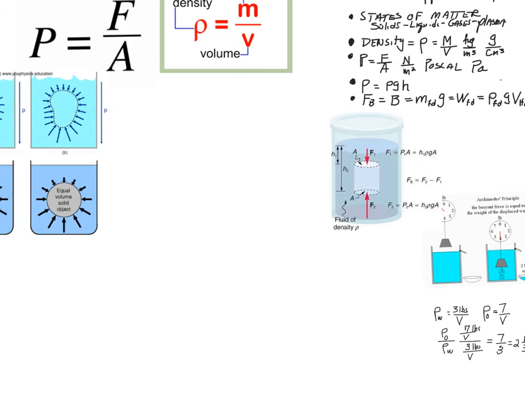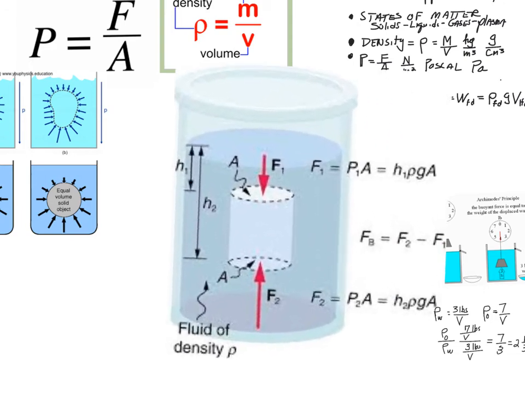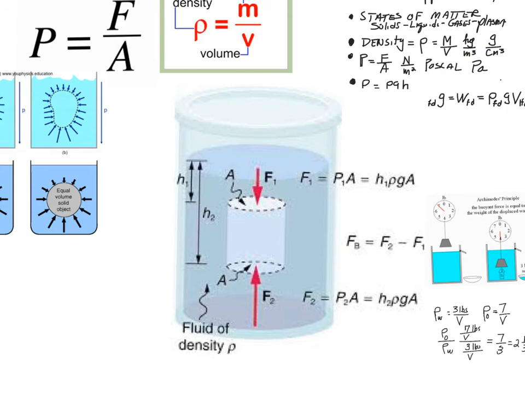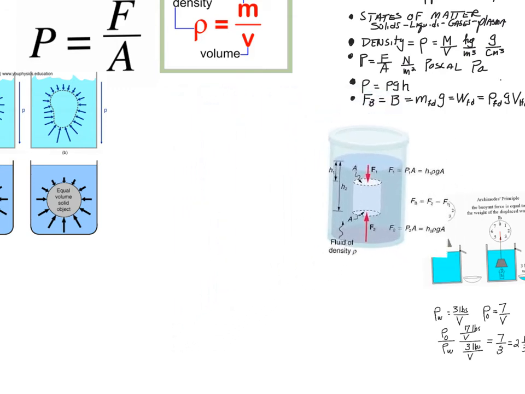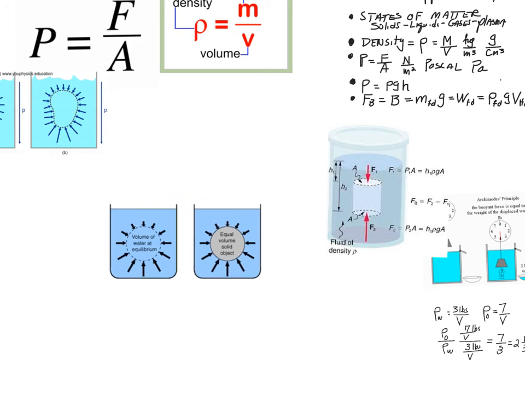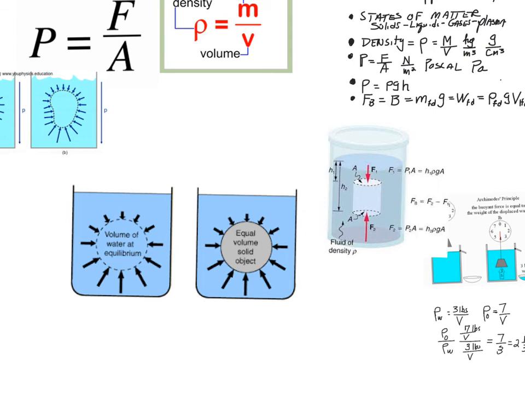It's useful to understand why there's a buoyant force when you put something in water. So when something is immersed in water, one of the things about pressure is it acts in all directions, right? It doesn't just go up, it goes down.